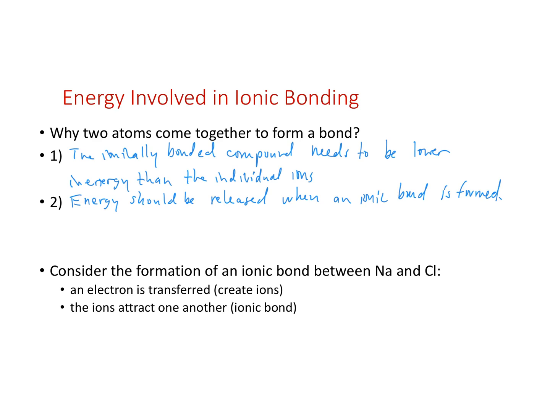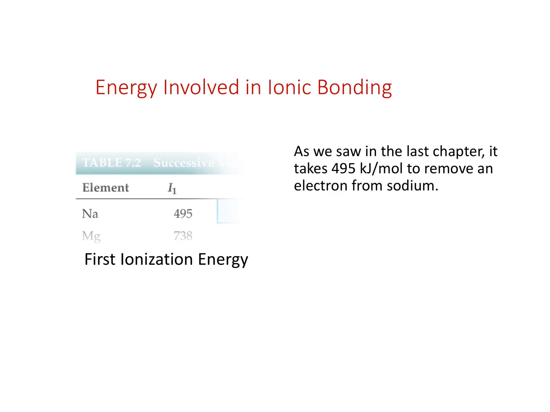So let's take a closer look at the formation of sodium chloride and understand the energy involved with each step of that process. The first step is the ionization. I need to go from sodium to sodium +1. I need to remove one electron from sodium so that I have an electron to exchange.